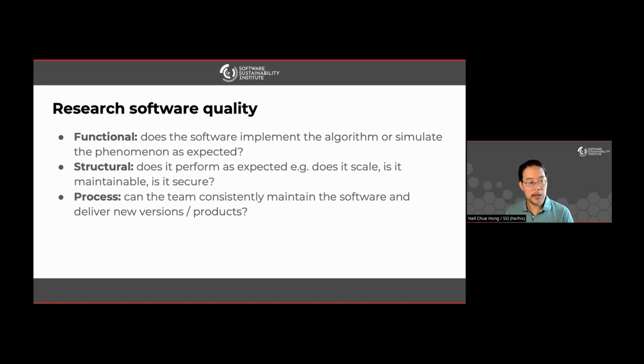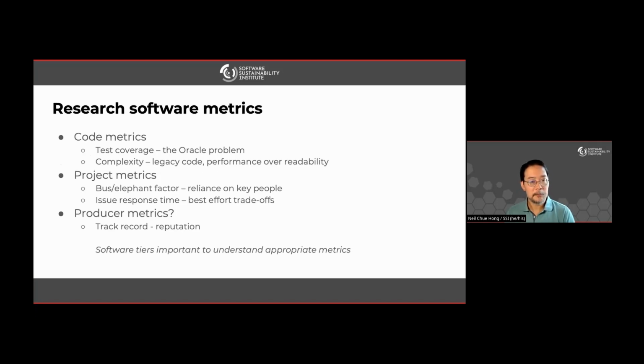So that's how I define research software quality. It's not very different from the definitions of software quality because research software is software. So the question then is, how do you measure it? And that's where it becomes potentially a little bit harder. So there are different ways of measuring things.